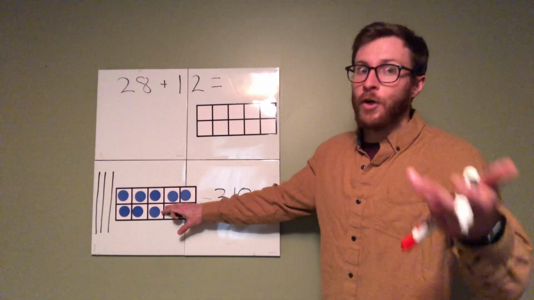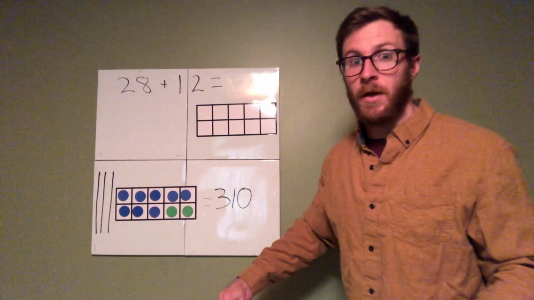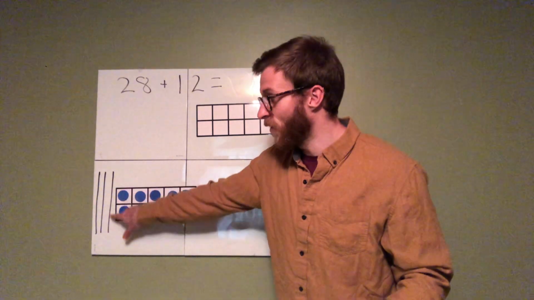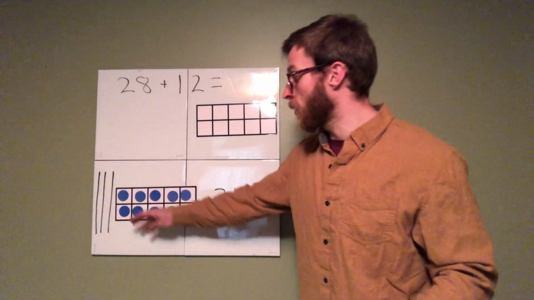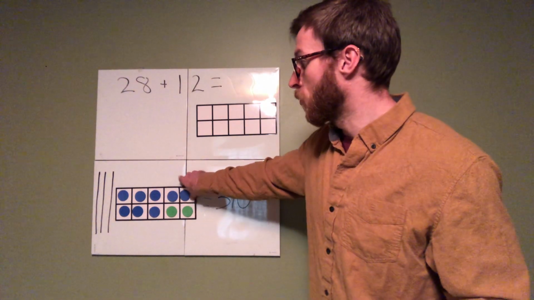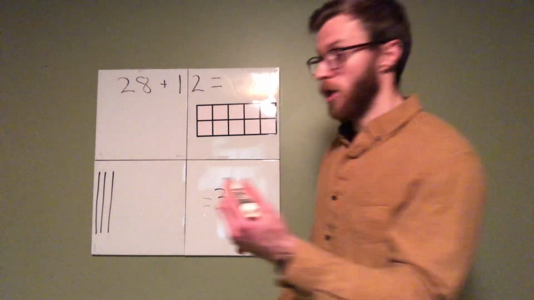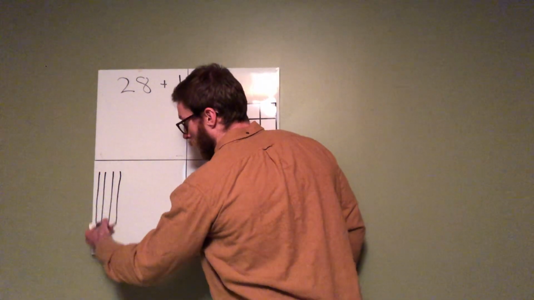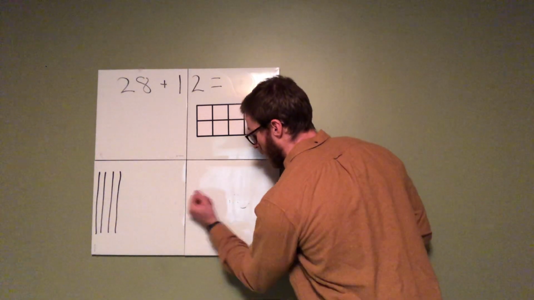How do we show a group of 10? Because we don't show a group of 10 with our full 10 frame. We've been showing a group of 10 with our 10 sticks. So since I made another group of 10, I'm going to get rid of it being shown like this, and I'm going to show it with a 10 stick. So our answer isn't 310.